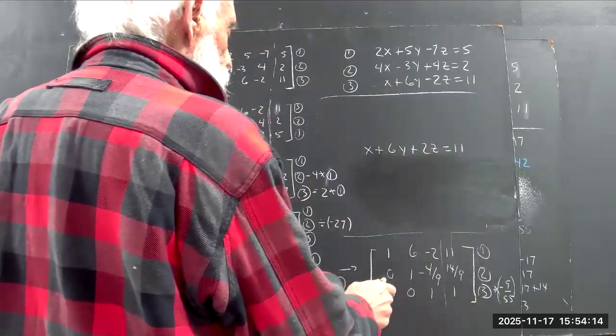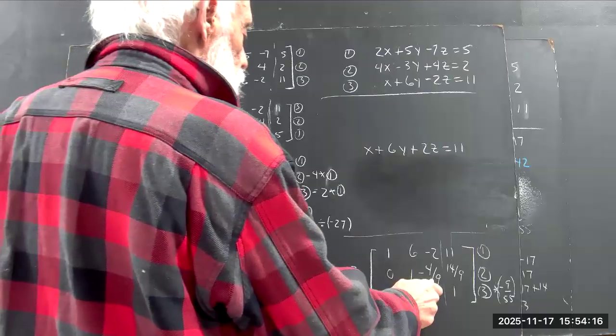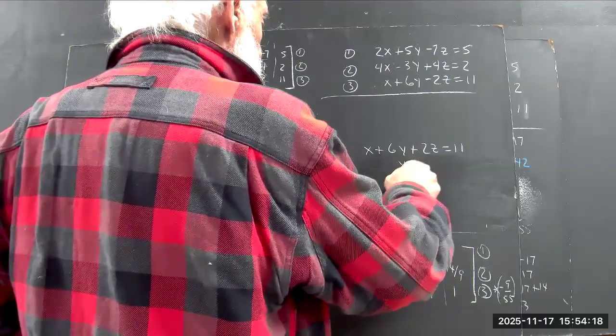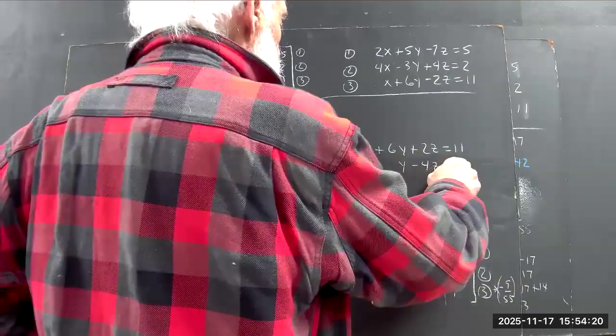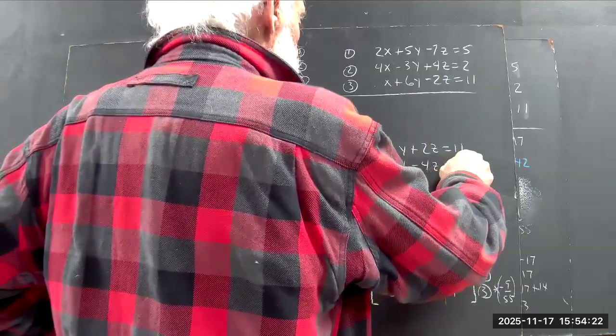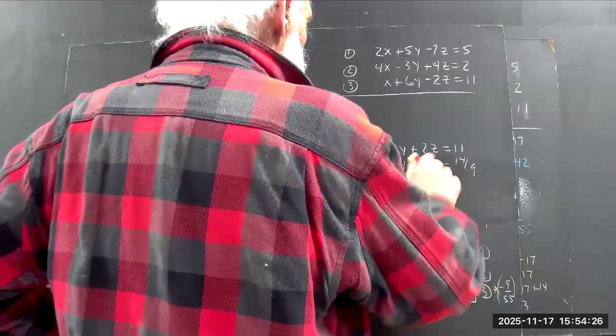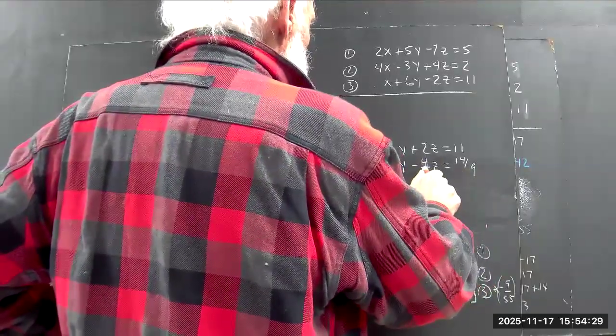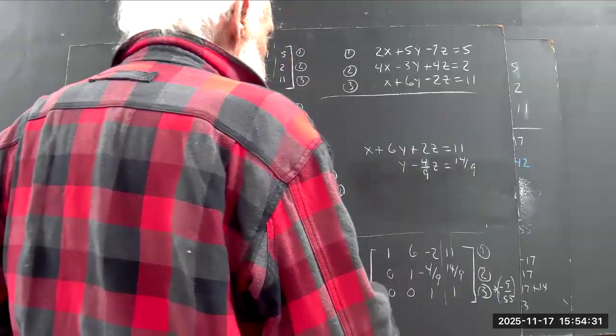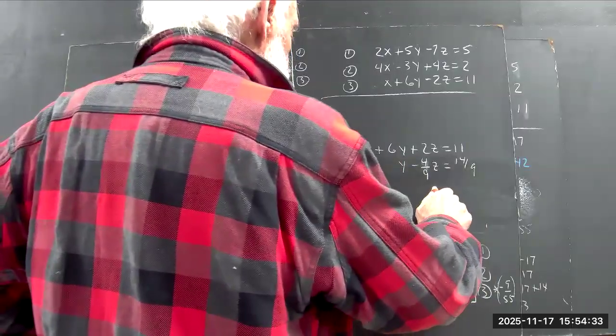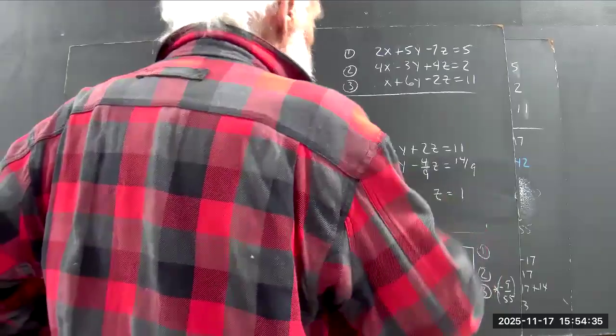Second equation, there's no x in here. There's a y minus 4z. It's not 4z, it's 4/9 z. The last one is 1z equals 1.